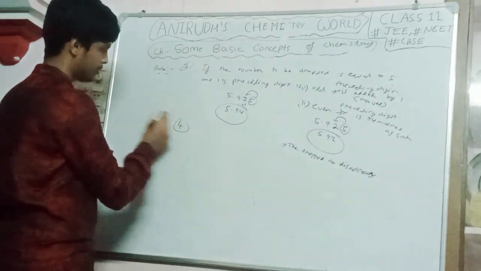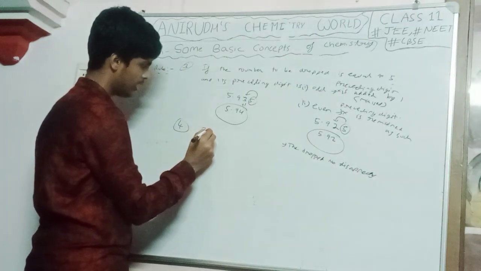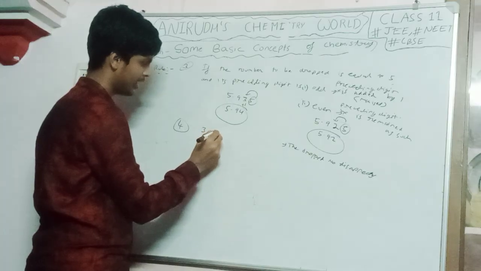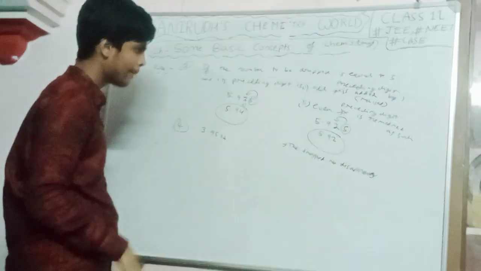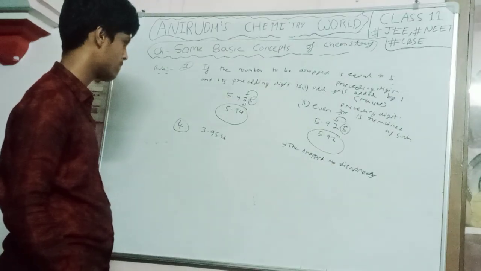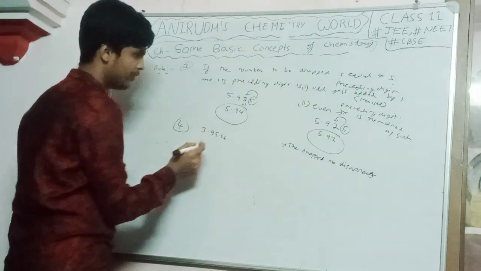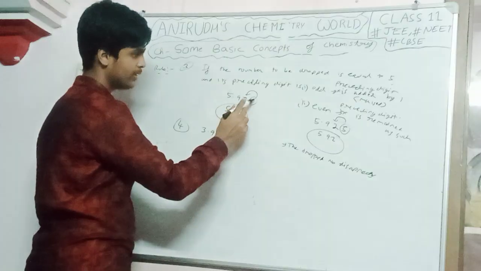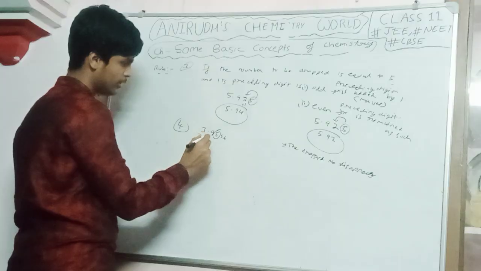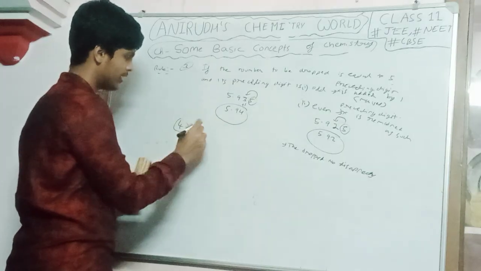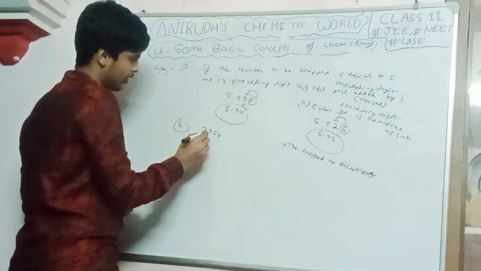Again, in this you have some special case. That is, if the number is like 3.9596, in these cases the ending digit to be rounded is also 5. We don't need to take the point: 3954.